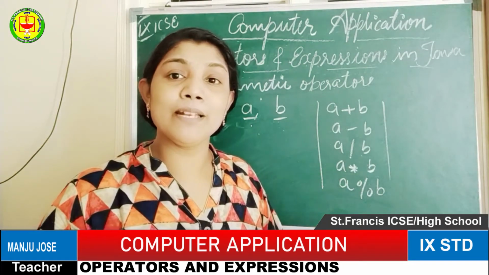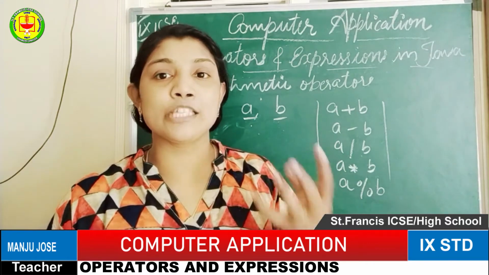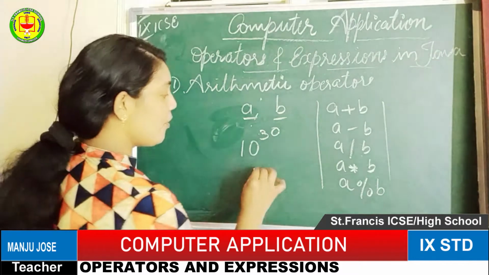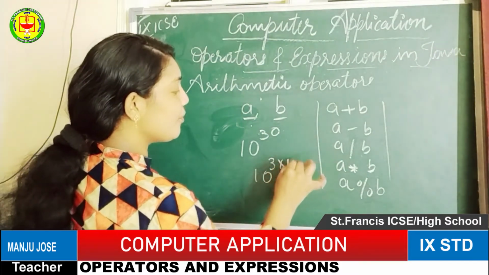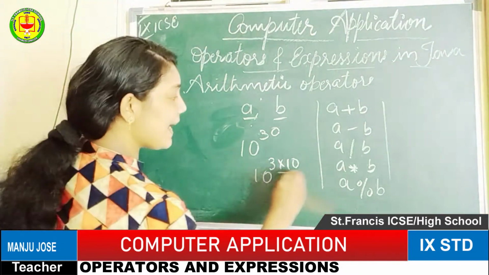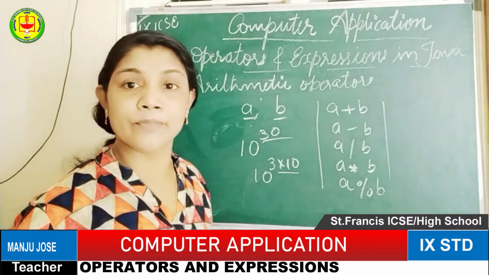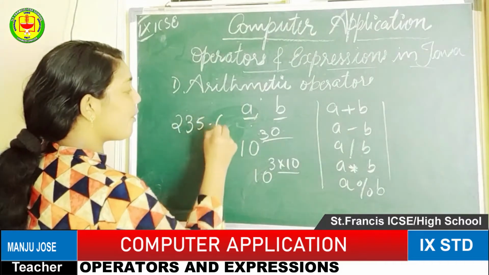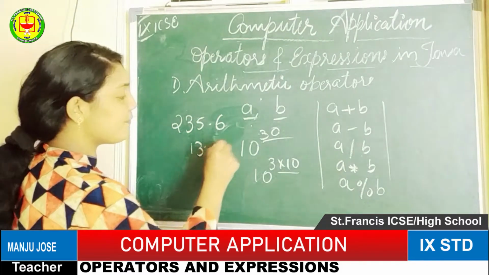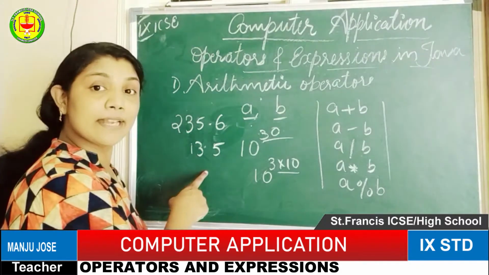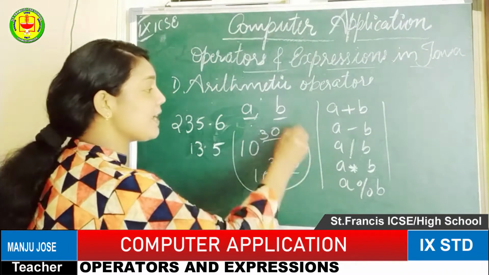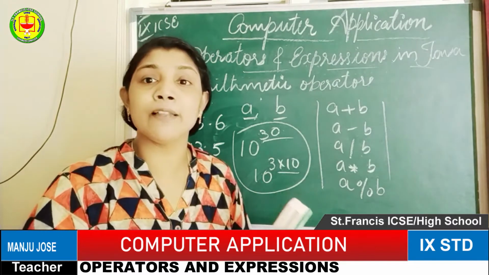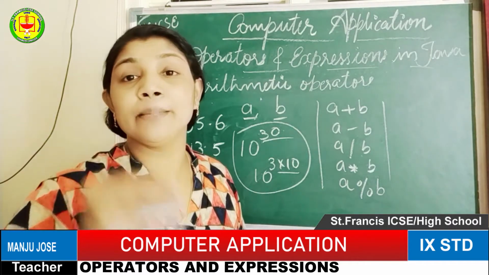Real arithmetic means sometimes we need to use an exponential value, for example 10 raised to 30, or 10 raised to 3 into 10, and decimal fraction numbers like 235.6 or 13.5. These two kinds of numbers belong to the real arithmetic section.